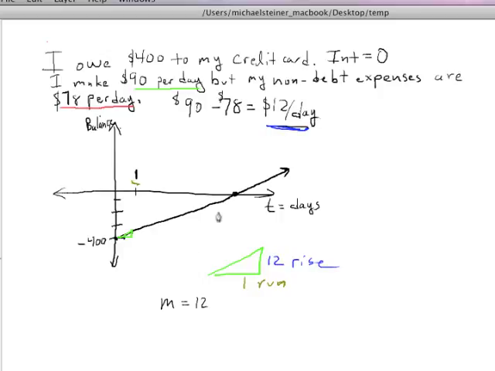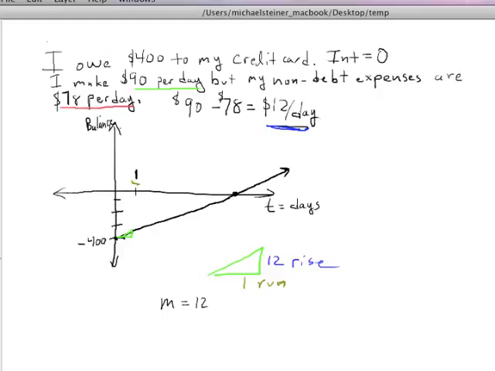Once we've defined our units, we have to define our units. I mean, I could have made time months, and then our units would be different; a typical month, one day is 1/30th. But for our time being days, we have our slope being 12.